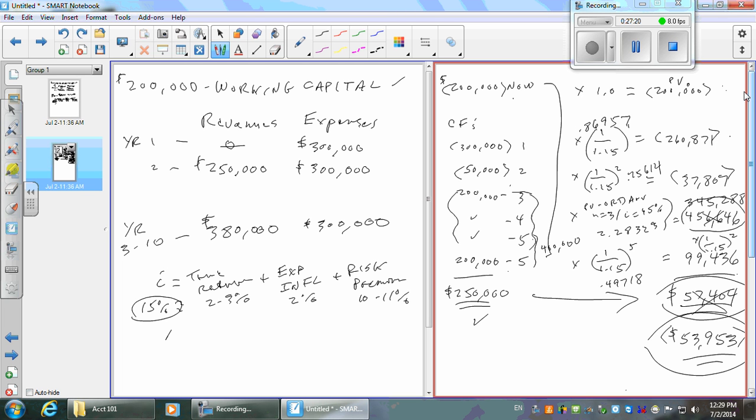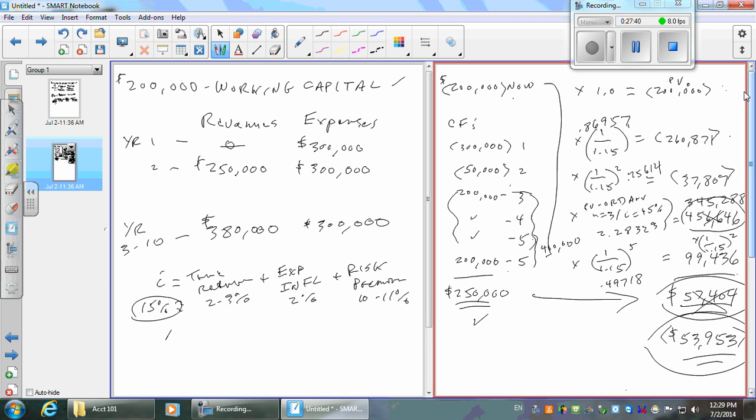So risk-free would be 2 to 3 plus 2, so 4 to 5% if there's no risk. And then a risk premium, which you judge based on how risky the investment is. So I said 10 to 11. But we'll estimate that based on companies' betas when we do weighted average cost of capital.